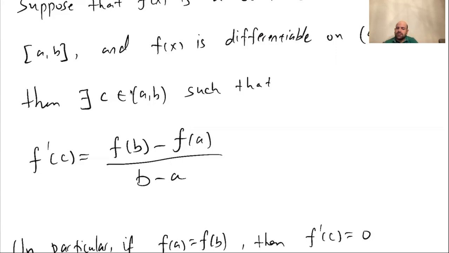So there is a point between a and b where the tangent line at that point is parallel to the secant line connecting the endpoints, because the right-hand side is the slope of the secant line connecting the endpoints, which happens to be equal to the slope of the tangent line at c. So the tangent line at some point c must be parallel to the secant line connecting the endpoints of that graph. So let me sketch the graph for you.